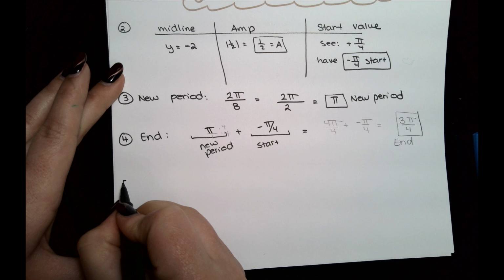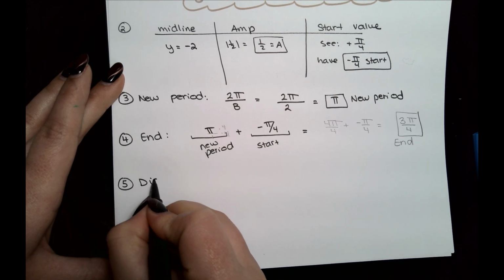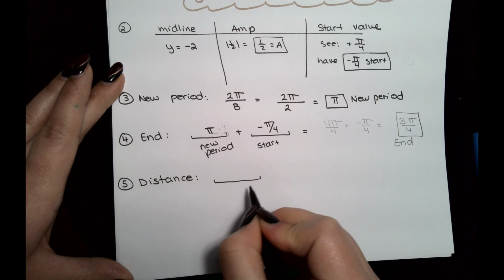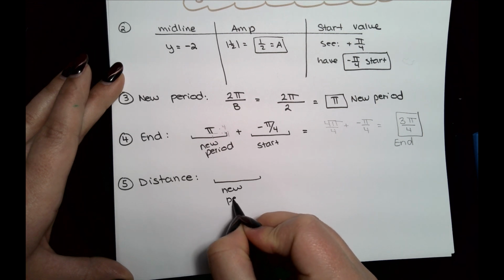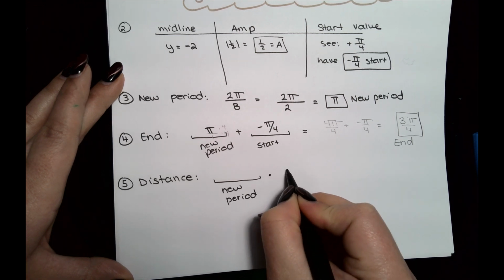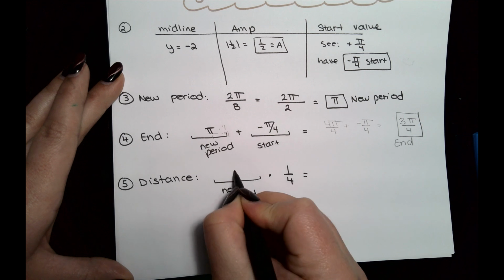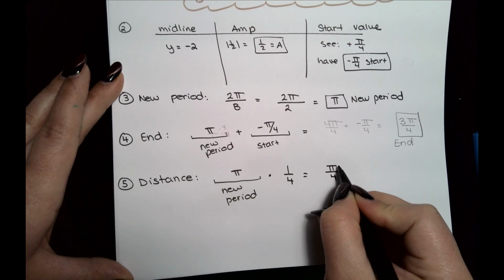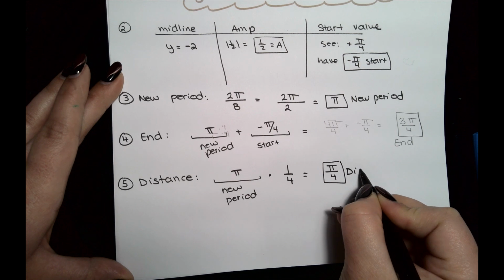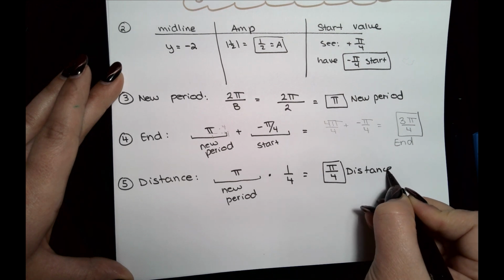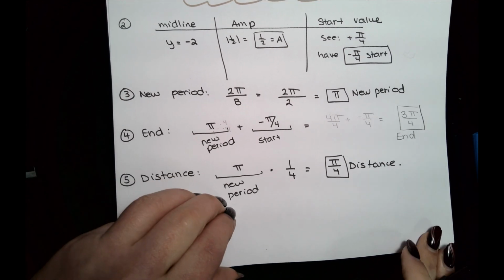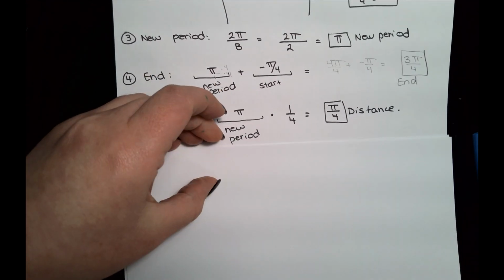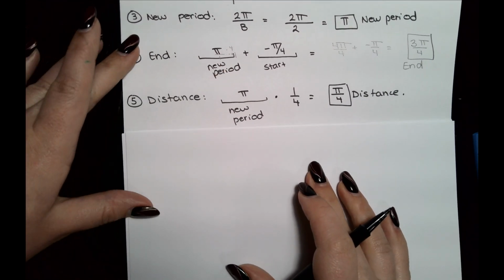Step number 5, our distance. Distance is going to be your new period, multiplying always by 1/4. So we get pi times 1/4, which is pi fourths. And now we check for common denominators.